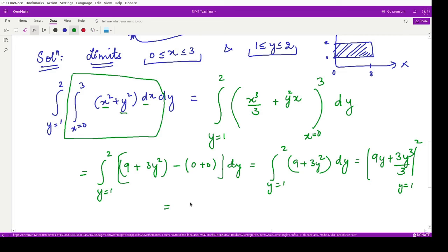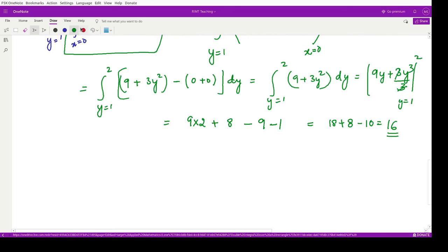So this simply becomes 9 into 2 plus, this 3 and 3 cancel, so we have 8, minus 9 minus 1. So what would be this? 18 plus 8 minus 10. So this would be 16. So this is what we intended to prove here. So let us have a look at another question.